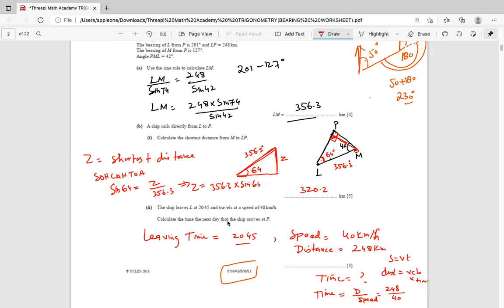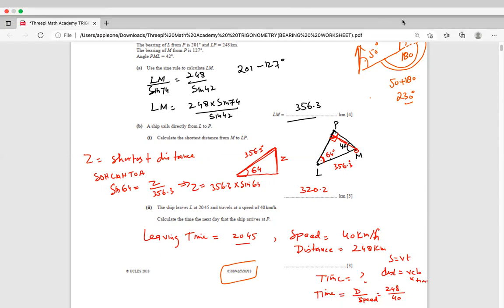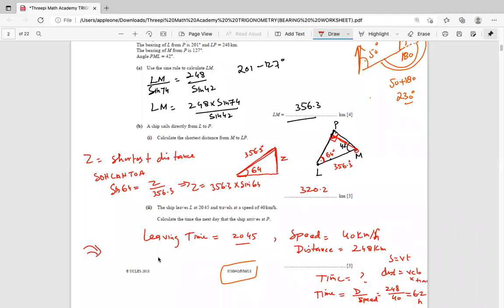Okay, calculate the time the next day that the ship arrives at P. So we got time 6.2 hours. It means 6 hours plus 0.2 into 60, because that's 0.2 hours, we will convert that into minutes. So 6 hours plus 12 minutes.